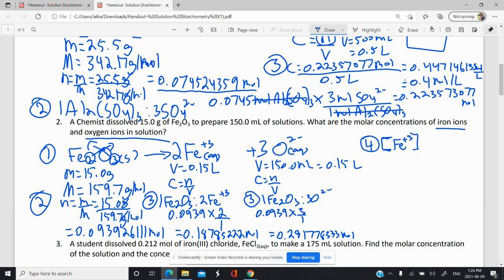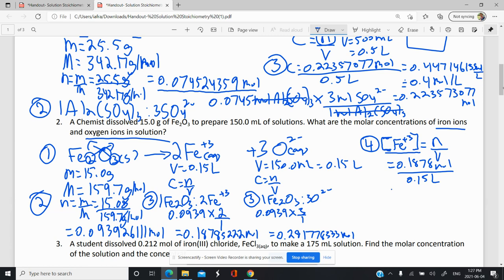That means concentration of Fe plus 3, okay, is going to be equal to the N over V, which is going to be equal to the 0.187, so on and so forth, moles, divided by our volume, which is 0.15 liters.